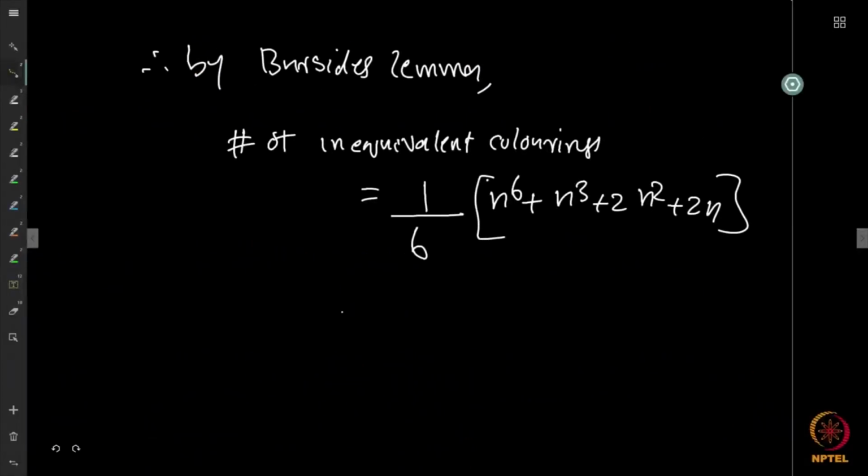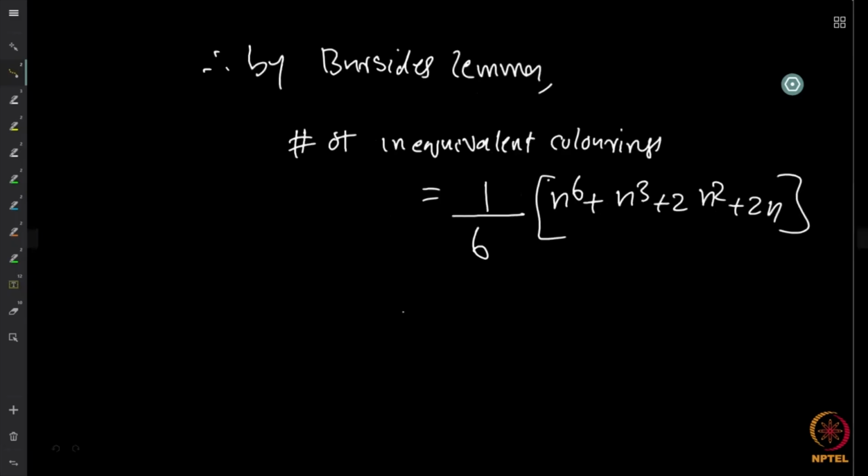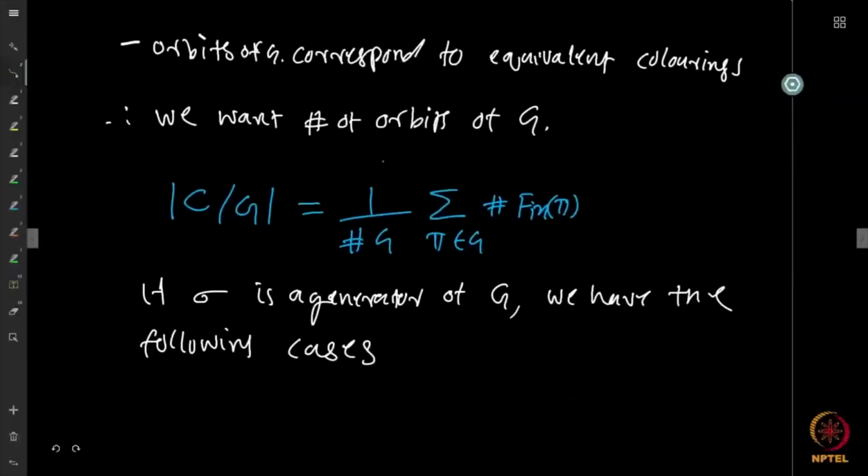So this is the number of inequivalent colorings. So if we are using exactly n colors, we get this. If I am using only one color, what will you get? 1 plus 1 plus 2 plus 2 by 6, which is 1. And for 2, you will see whatever it is. So this is something that we can do by using Burnside's lemma.